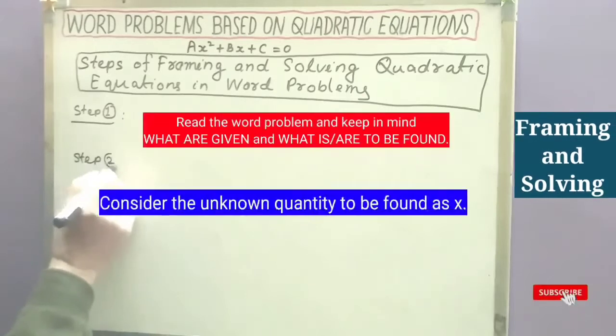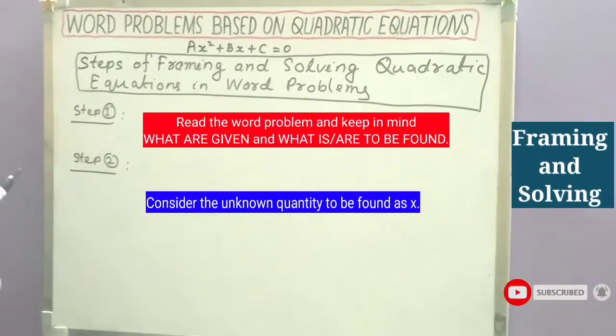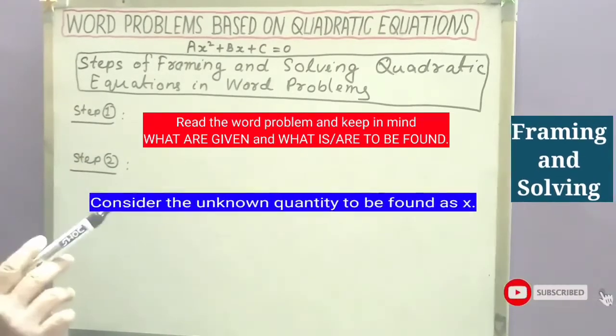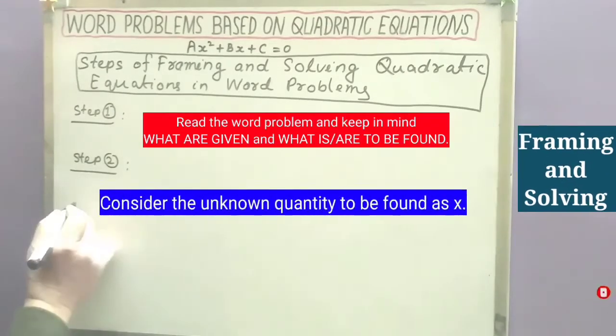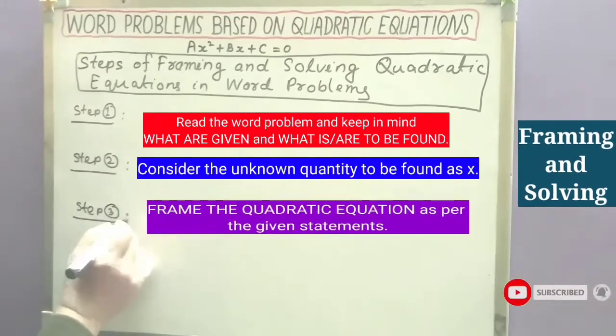Step 2. Consider the unknown quantity to be found out as a variable x. We can assume any other alphabet as a variable. Step 3.